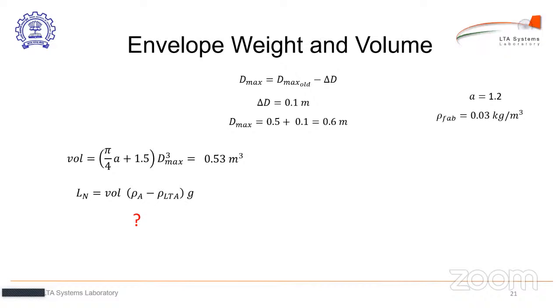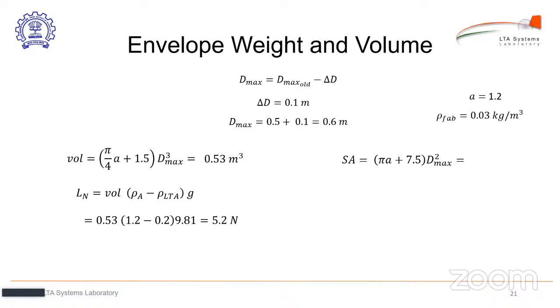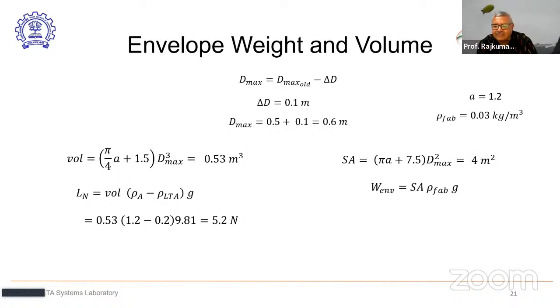5.2 newtons. Okay. Surface area is 5 times 1.2 plus 7.5 into the diameter squared, which is 0.6 squared. That is about 4 square meters, let us take. Envelope weight would be surface area, that is 4, into 0.03 into 9.81.